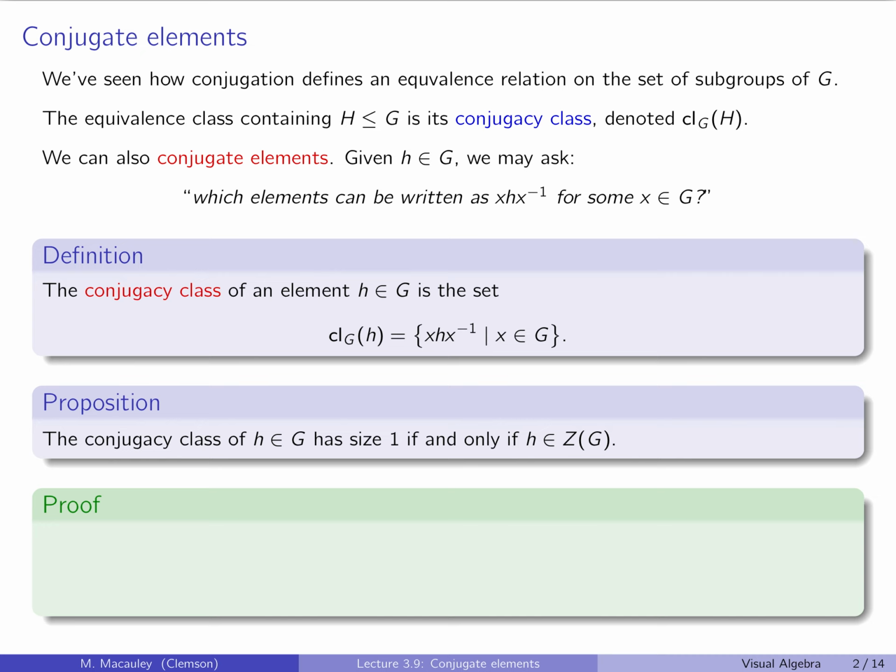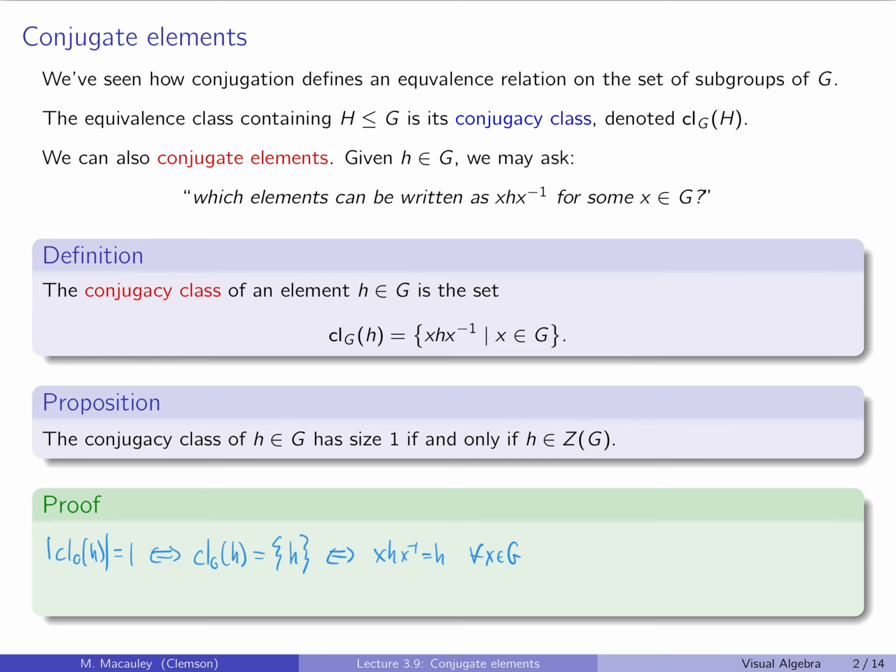Let's prove this for good measure. So the conjugacy class of the element h has size 1 if and only if the conjugacy class of h is just h itself, because every element is conjugate to itself. Just take the identity. Well, what that means is that x h x inverse is equal to h for all x in G. Every conjugate of h is equal to h.